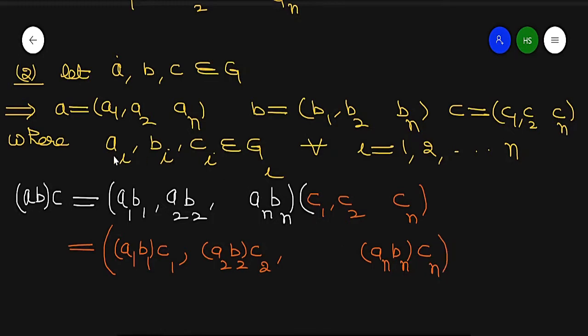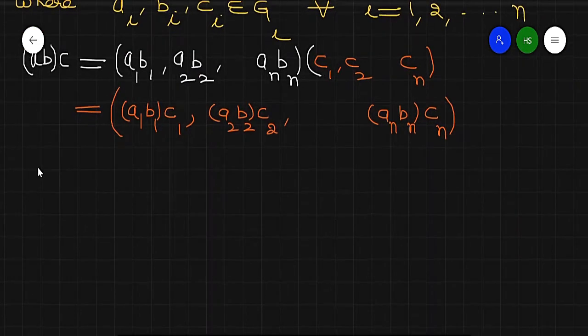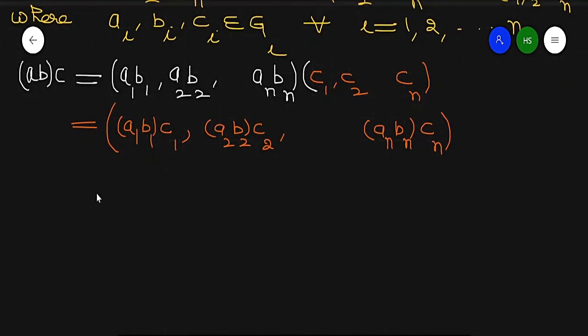Now each ai, bi, ci belongs to Gi, and Gi is a group, so it holds the associative property.